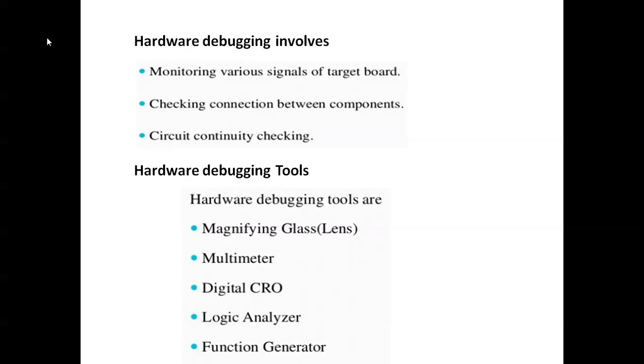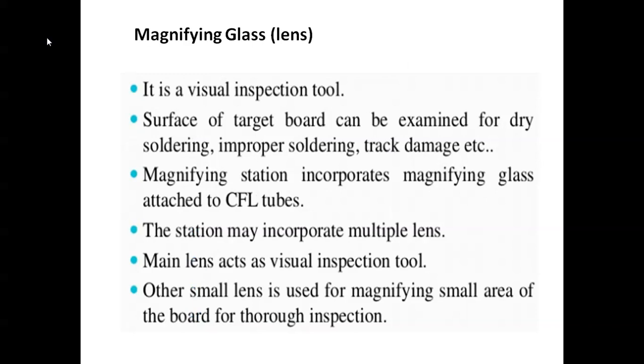And then hardware debugging tools. What are the hardware debugging tools? Magnifying glass, that means a lens. Multimeter, digital CRO, logic analyzer, function generator. So these are hardware debugging tools. And the magnifying glass, what is it?